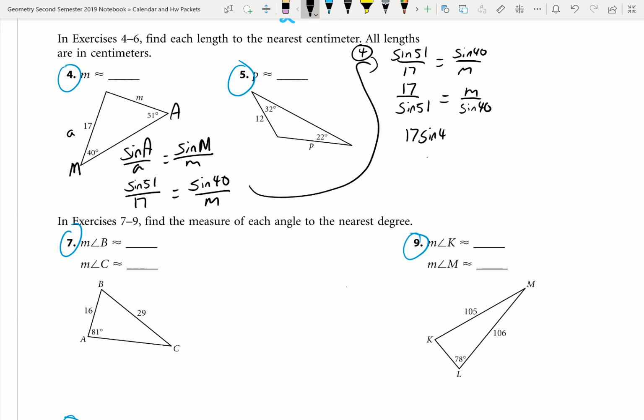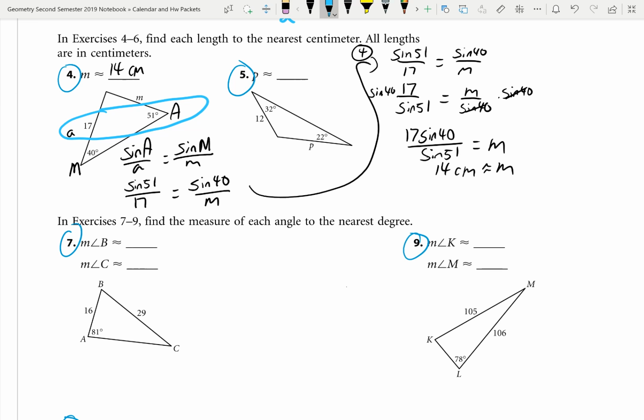So 17 sine 40 over sine 51 equals M. Then just plug it into your calculator, and for number 4 you should get about 14 centimeters. So the angle side pair in this one is this one.